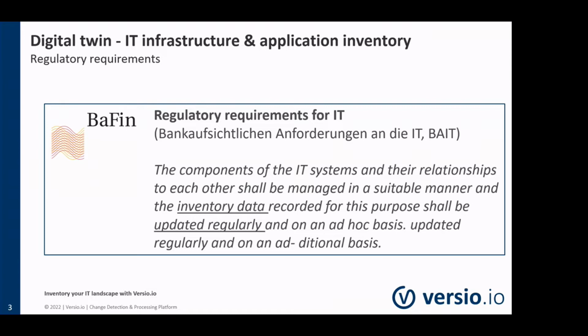This organization clearly defines the regulatory requirement for IT documentation: IT systems must be inventoried and kept up to date. There are similar requirements for all companies, all countries, and other sectors that are classified as critical infrastructures.